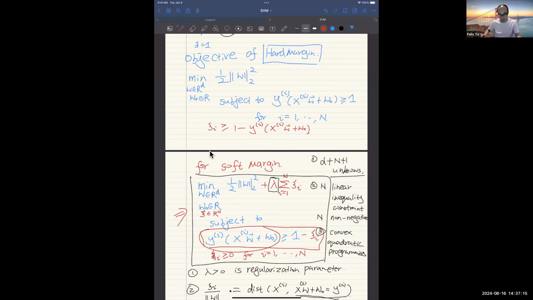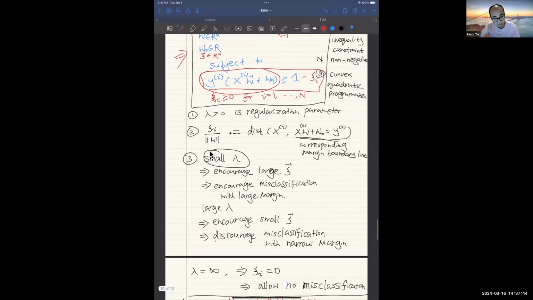And also my c_i has to be bigger or equal to 0. So I can rewrite it as c_i bigger or equal to the maximum of this quantity and 0.